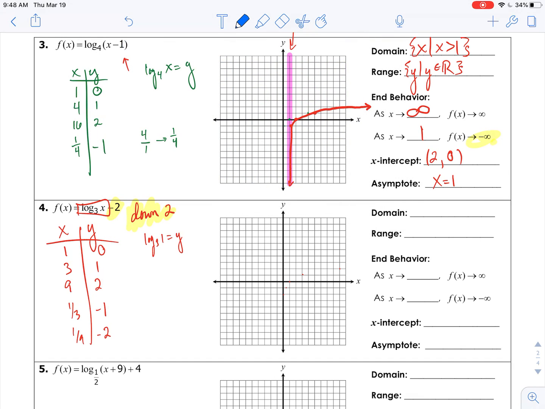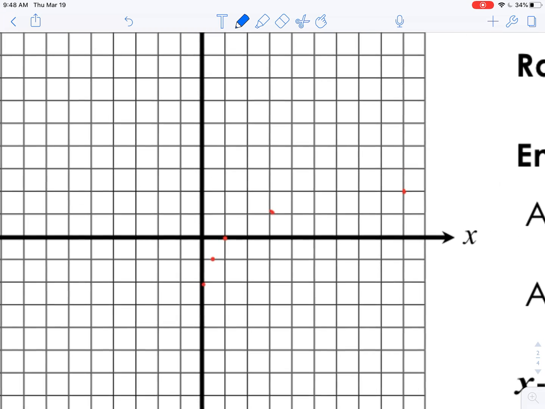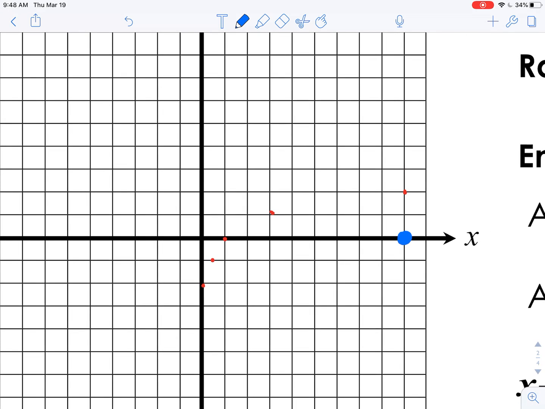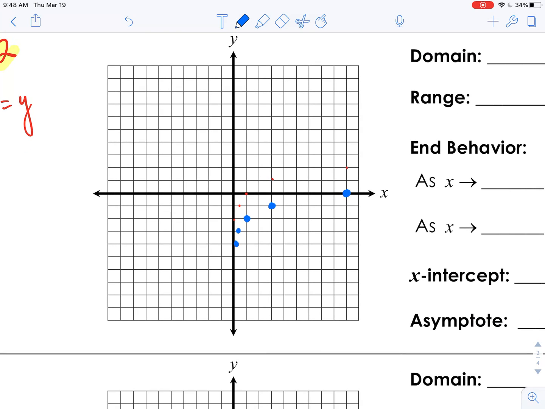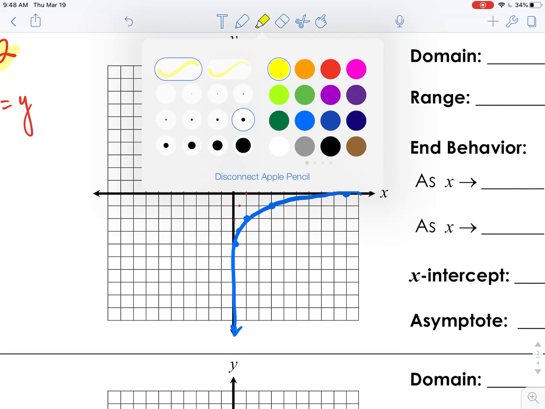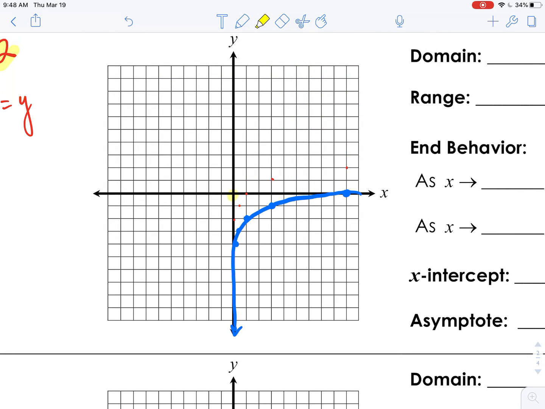And now, how do we have to shift all of these points? We've got to shift them down 2. Let's take these points and shift them down 2 and make some much larger dots. And now let's check this out. What does my new graph look like?